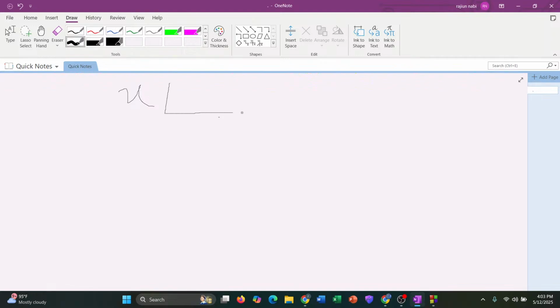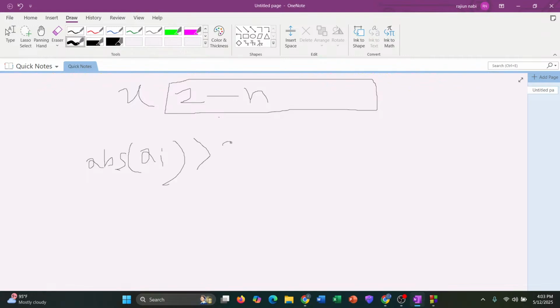So for the rest of the elements from 2 to n, we calculate the count of elements bigger than x.